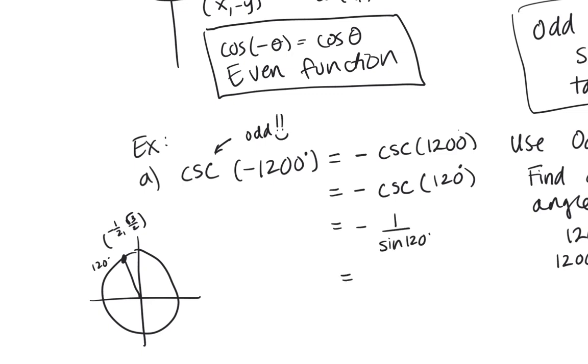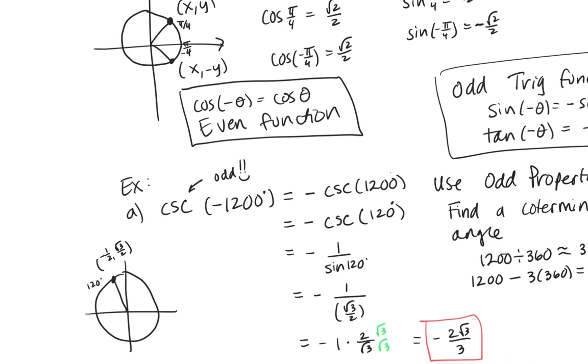Sine is the y value there, and so it would be negative 1 over square root of 3 over 2. 1 divided by a fraction is the same thing as 1 times the reciprocal. So times 2 over square root of 3. Finally, rationalize the denominator by multiplying numerator and denominator by square root of 3. And so we got a final answer of negative 2 square root of 3 all over 3.